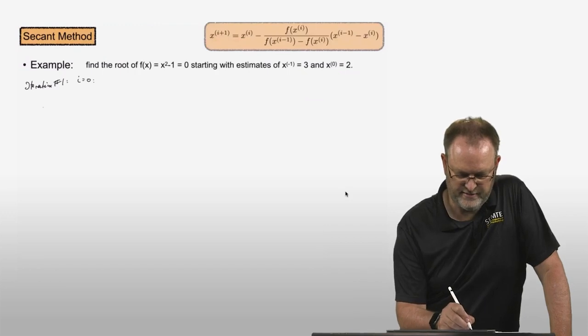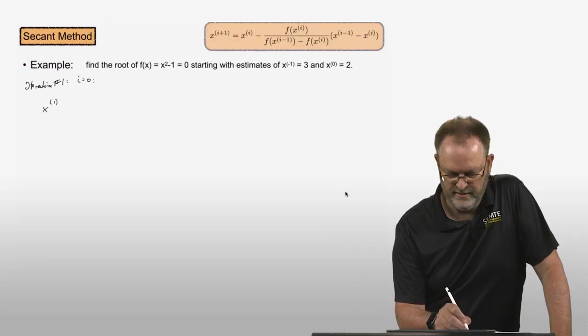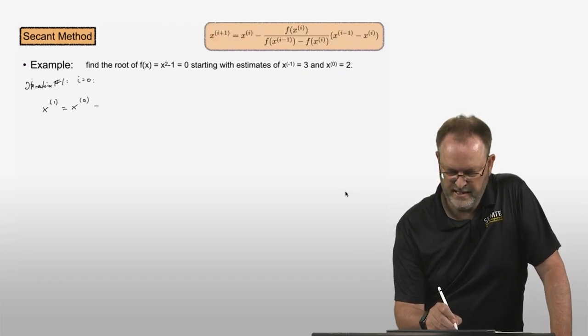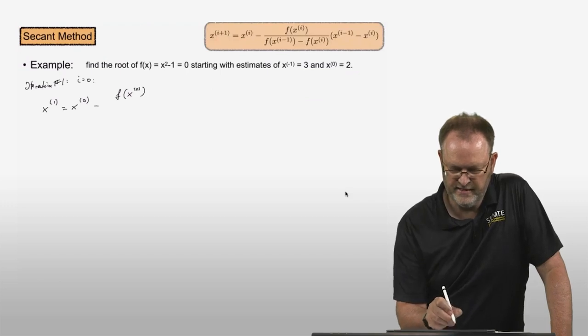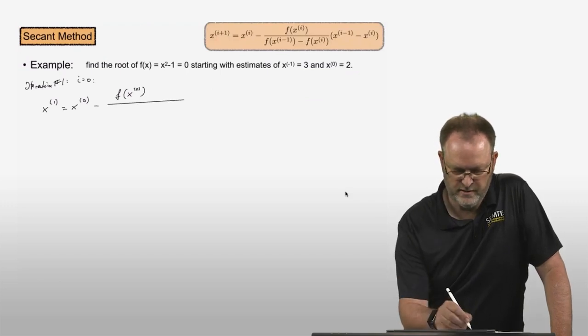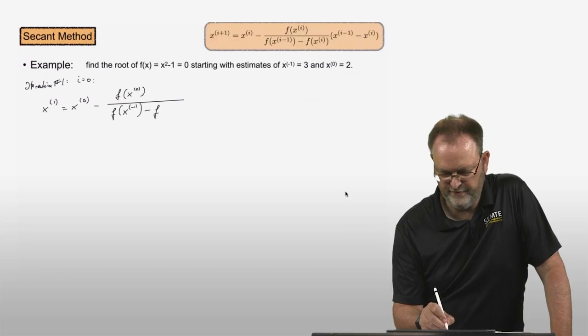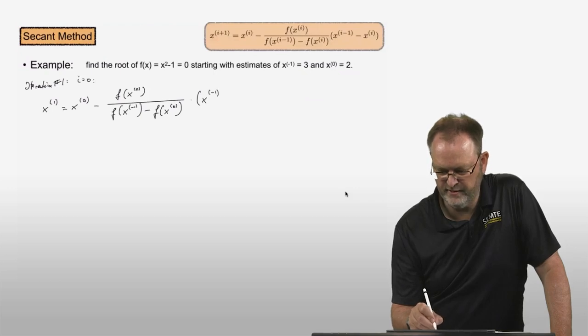So I get x1 is equal to x0 minus f of x0 divided by f of x negative 1 minus f of x0, times x negative 1 minus x0.